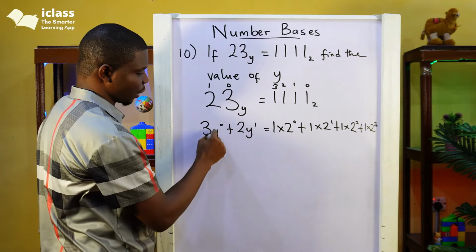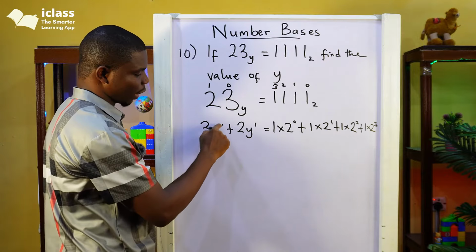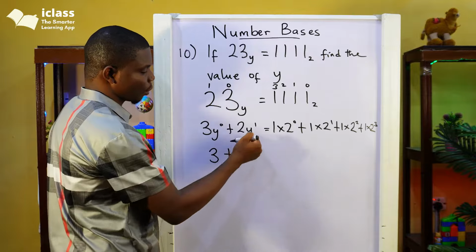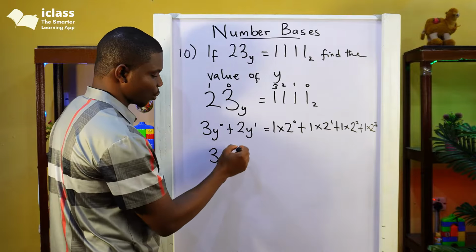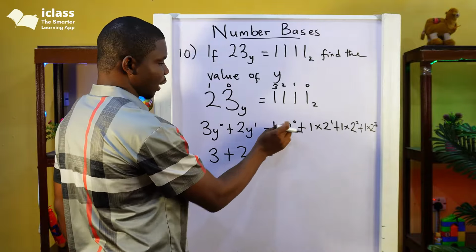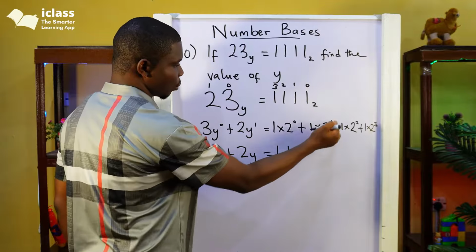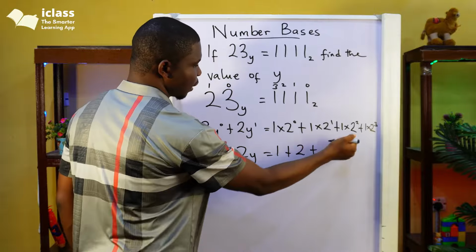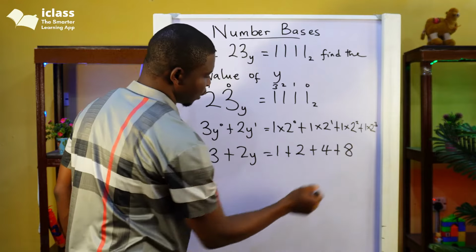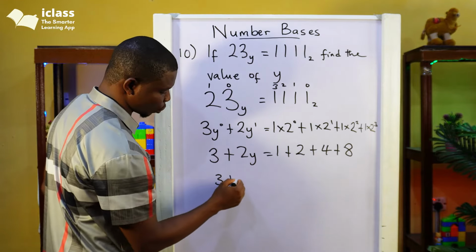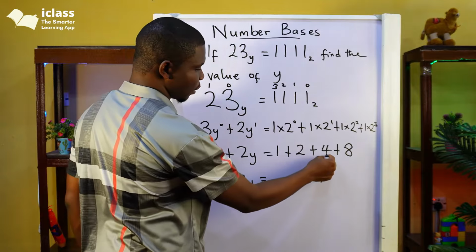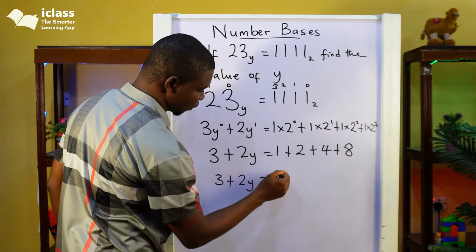So this gives us 3 times y^0, which is 1 times 3, is 3. y^1 is y times 2 is 2y. This gives us 1 times 1 is 1, plus 2 times 1 is 2, plus 4 times 1 is 4, plus 8 times 1 is 8. So 3 plus 2y is equal to 15.